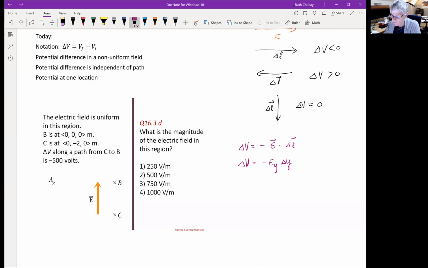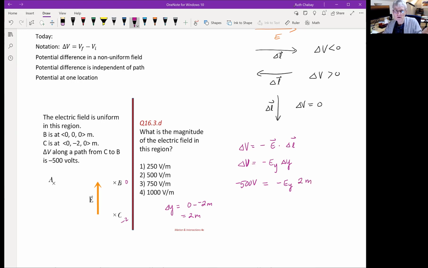So we have minus 500 volts equals, well, E sub y is what we want to find out. And delta y: y here is 0, y here is minus 2, so delta y is 0 minus minus 2 meters, which is equal to 2 meters.